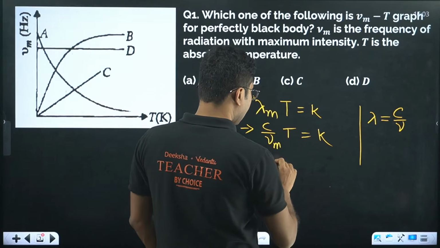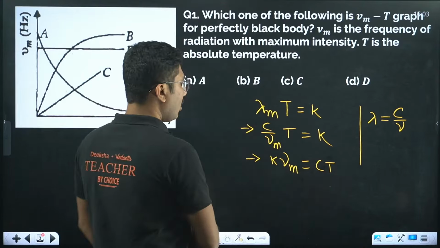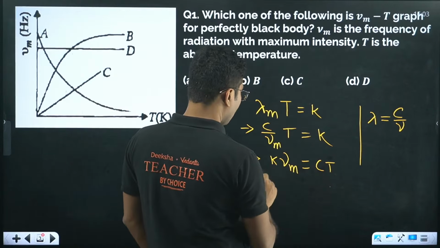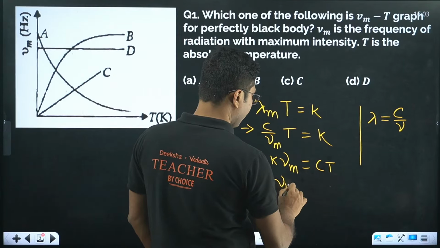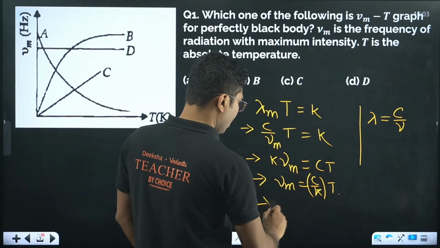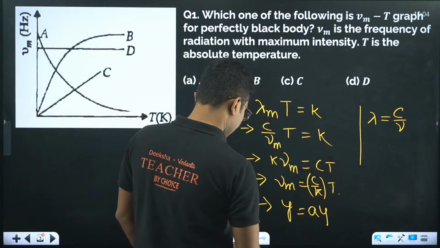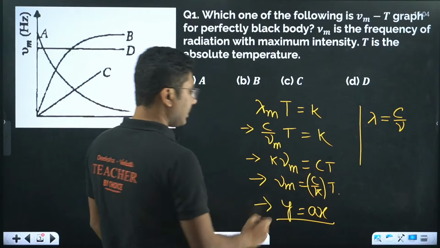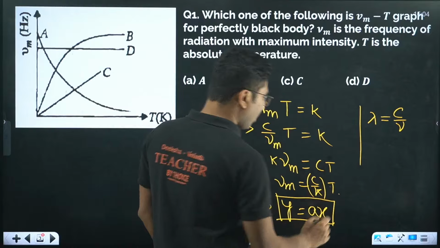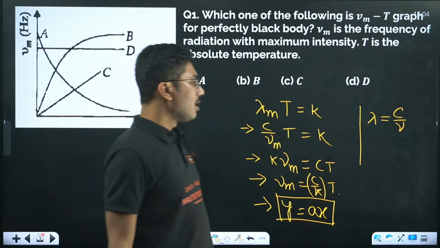You will see that K into nu-m equals C into T. If you plot temperature along the x-axis and nu-m along the y-axis, you can write nu-m equals C upon K into T, or y equals some constant A into x, right? So y is equal to ax. What does this equation represent? This is an equation of a straight line passing through origin.